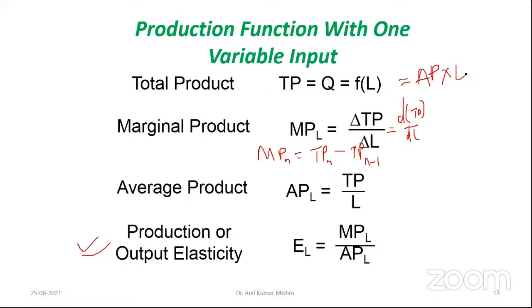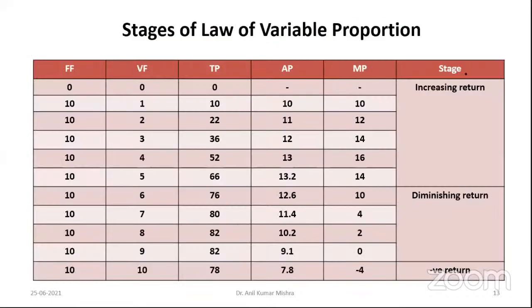So in this way, we can define marginal, average, and total product, and thereafter the production elasticity. After knowing this, next we come to how we explain this law with the help of a table and a figure.